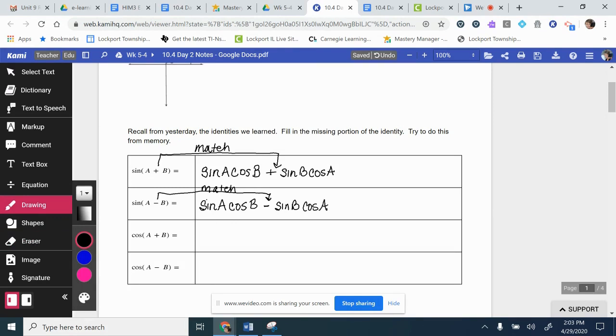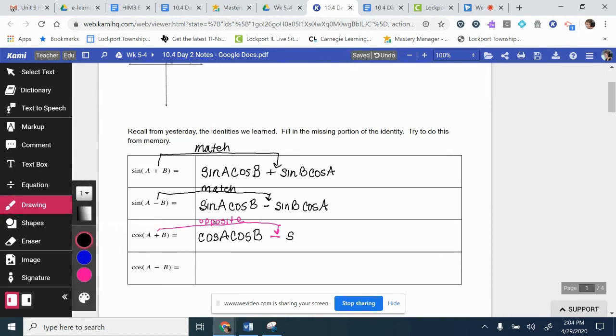All right, now the cosine operates a little bit differently. Again, we will start off with a cosine. So if we're taking the cosine of a sum, the other side of our equation starts with cosine a times cosine b, and then this time we have the subtraction, so we have it be opposite.